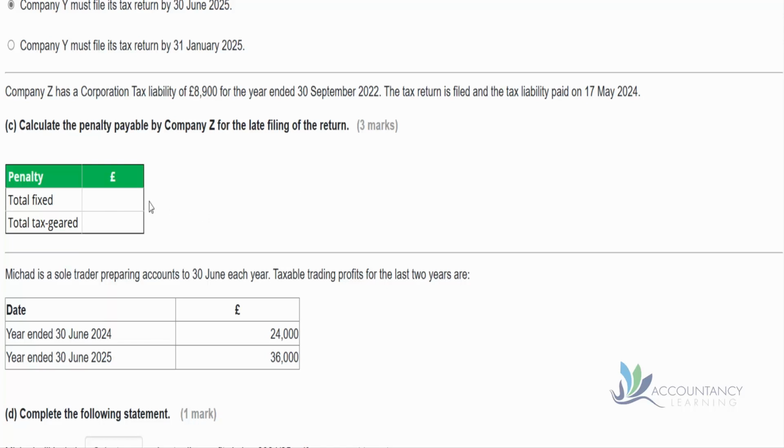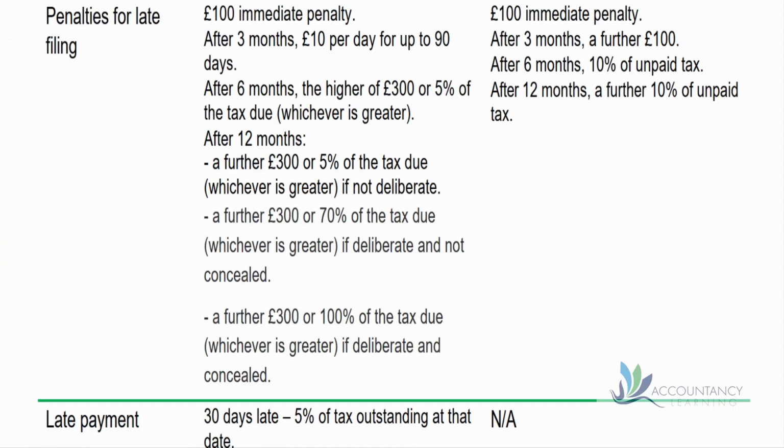And the question is identifying, is there a fixed penalty and a tax geared penalty? So here's the reference material again to help us, and we're looking now, again, same section, but we're looking at the penalties for late filing. So there is a £100 immediate penalty. Okay, so that's a fixed amount, but we also have some either fixed or variable penalties depending on how late we are.